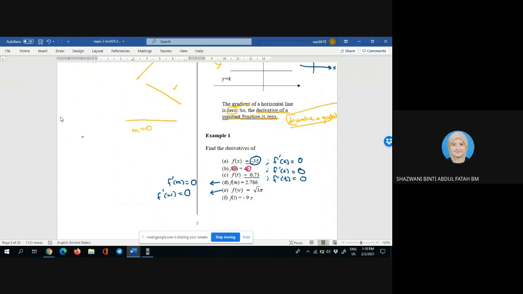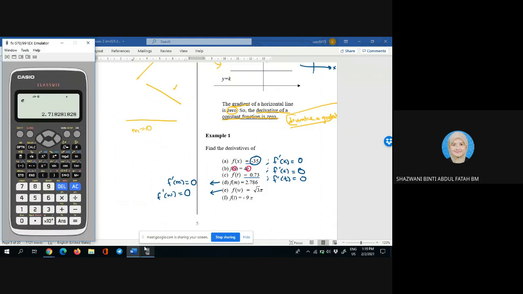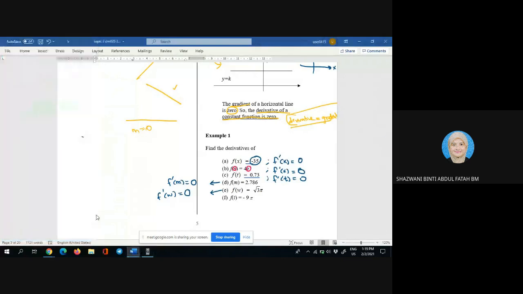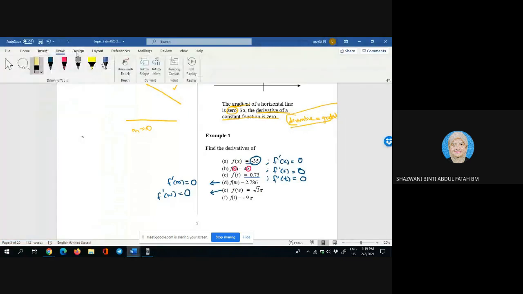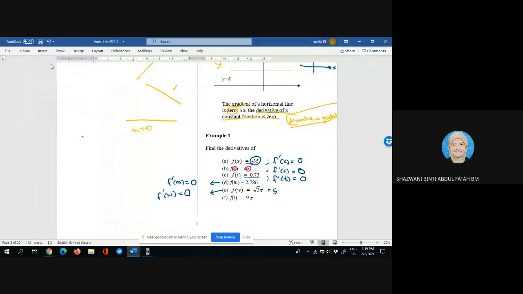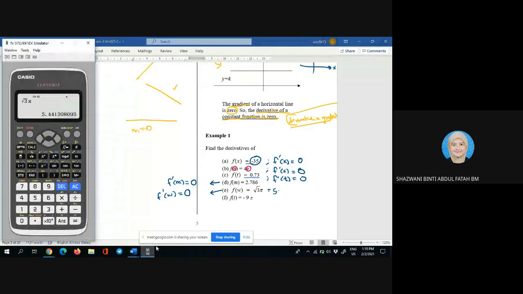Kalau kita pakai calculator, 3 pi, shift pi, sebenarnya this is 5 point something. 5.441.